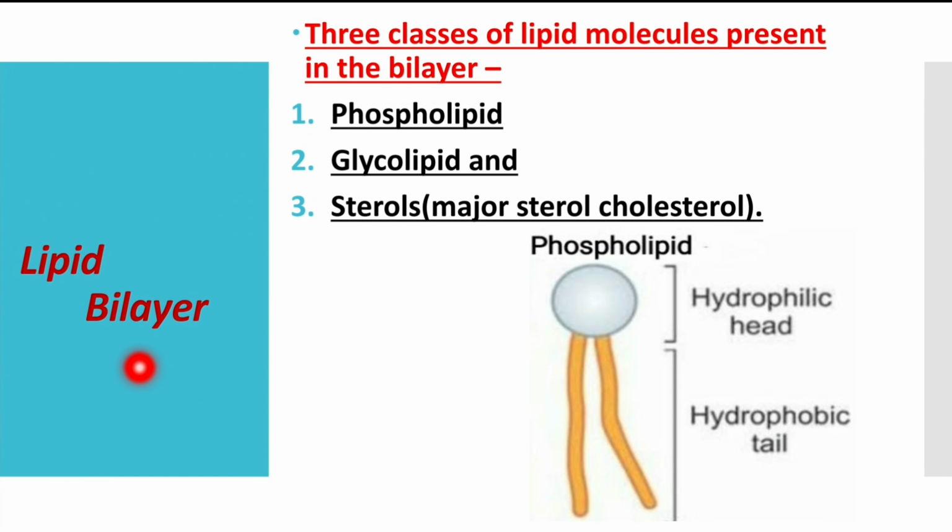If we look at the lipid bilayer, we will find three classes of lipid molecules: phospholipid, glycolipid, and sterols. The major sterol is cholesterol, which is present in the plasma membrane of animal cells. Cholesterol is absent in plant cells.